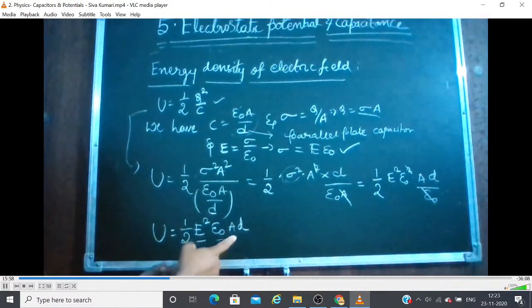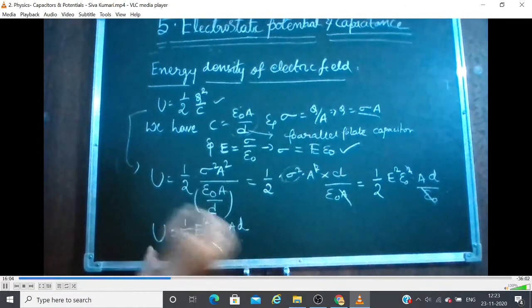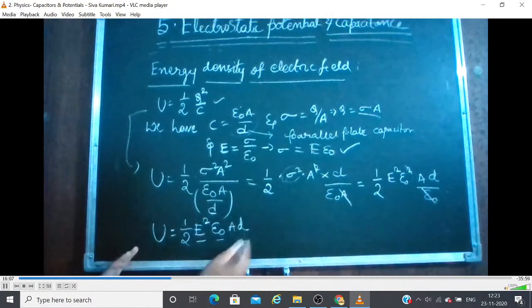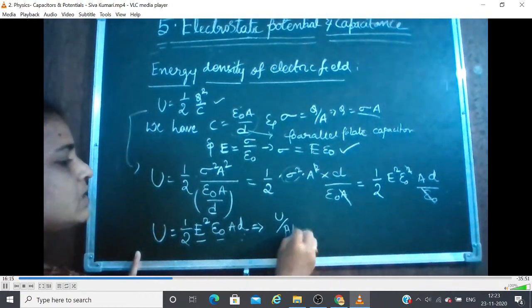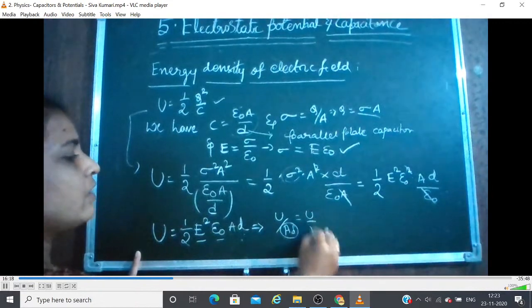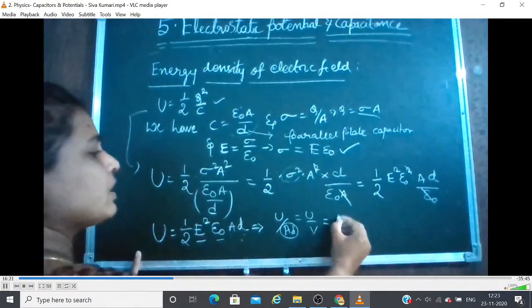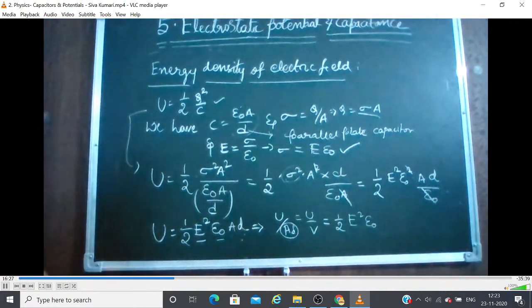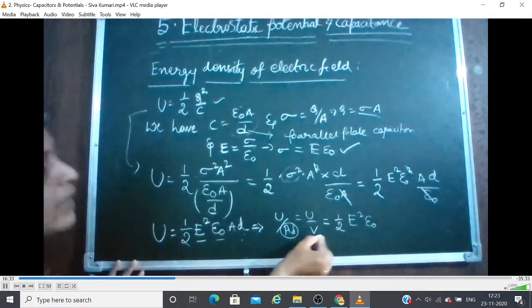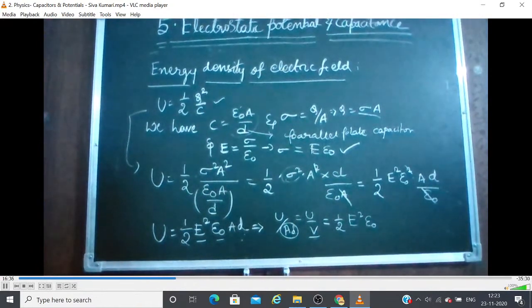The product of the area and distance together gives the volume present between the plates of the capacitor. So U by V, the energy per unit volume, gives half E square into epsilon naught, which is the energy density of the parallel plate capacitor.